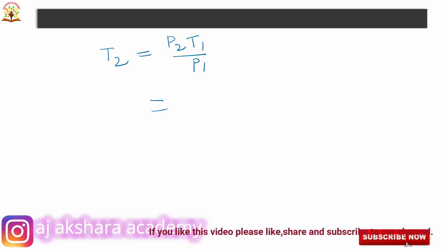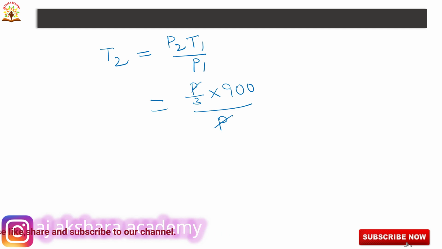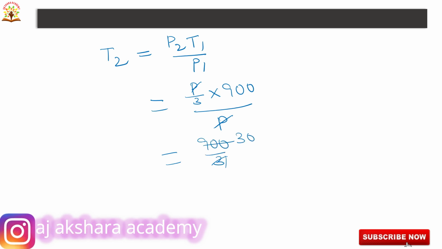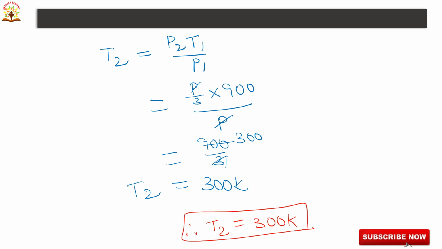Now substituting values, P2 nothing but P by 3, and T1 they given as 900 by P1 nothing but P. P gets cancelled, so that is equal to 900 by 3. 3 ones 3, 3 nines 300s. So T2 is equal to 300 Kelvin. Therefore final temperature T2 is equal to 300 Kelvin. Okay, next we'll go to the next question.